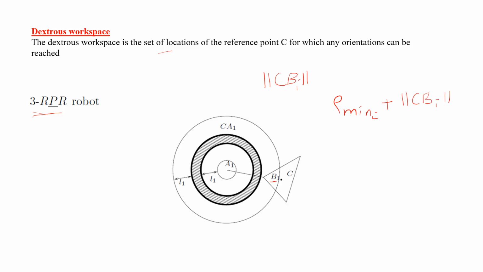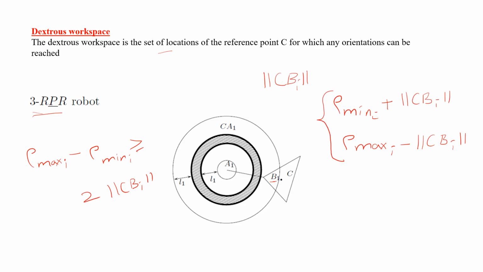Likewise, the external circle radius will be rho max I minus the norm of CBI. There is such a region only if rho max I minus rho min I is greater than or equal to 2 times the norm of CBI. Only if this condition is satisfied can you get an annular region with the external and internal radii as mentioned.